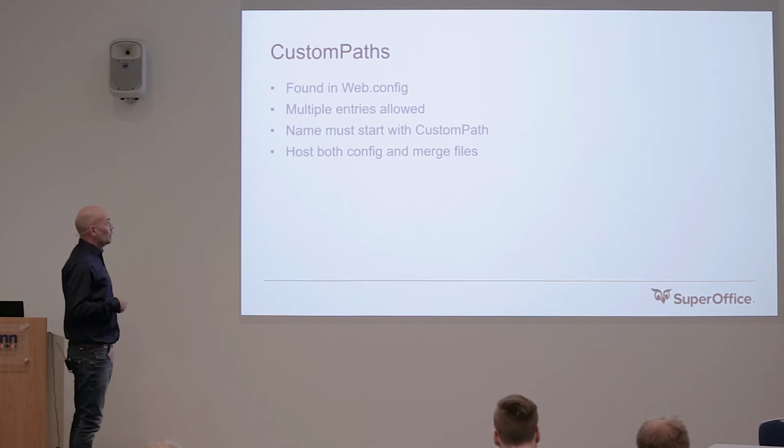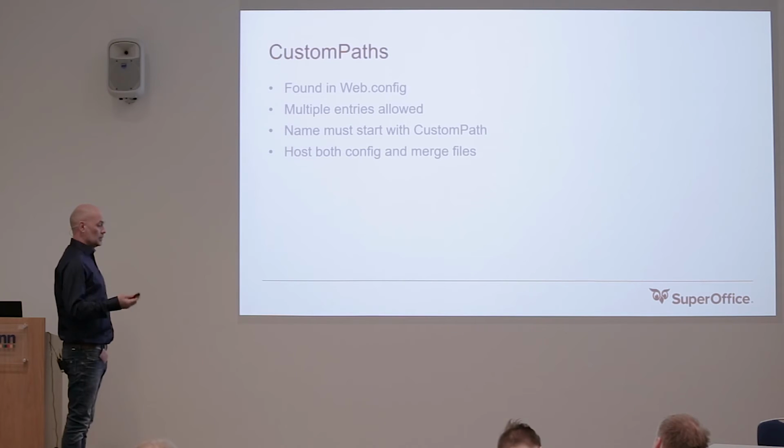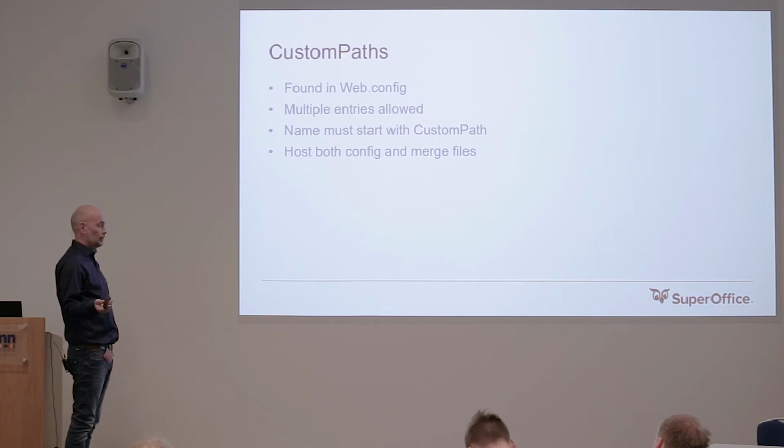So when you're going to add your custom files, you make an entry in the web config file. I think I have an example of that later, and you specify, and it has to start with custom path, and you can add whatever behind it, because sometimes there are several people that make customizations to an installation, and you don't want to mix your files with others' files.